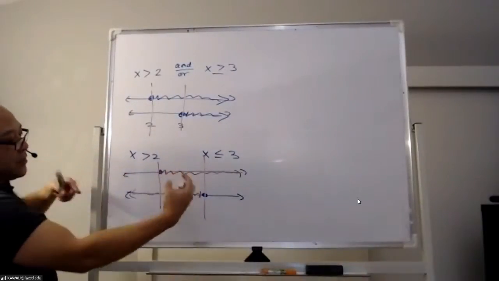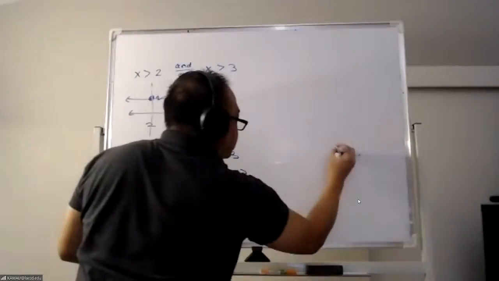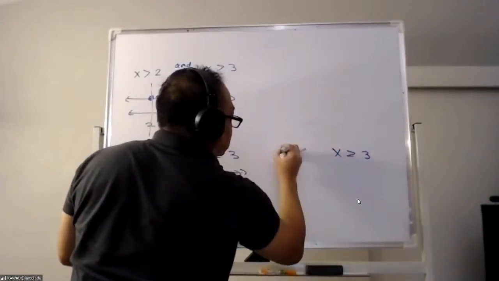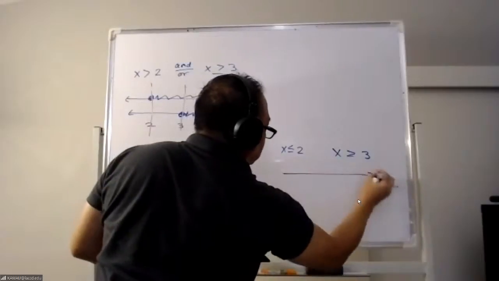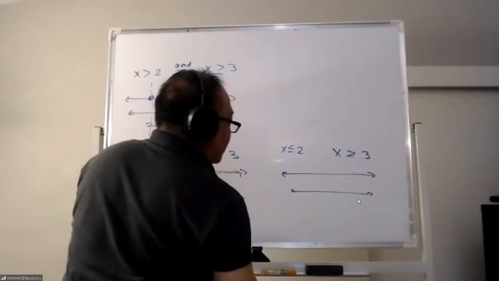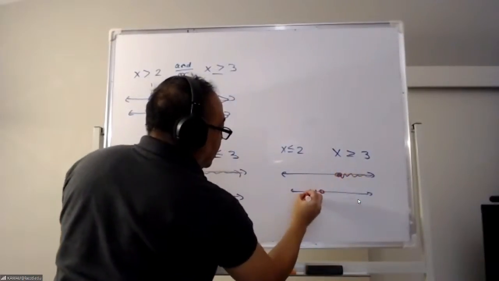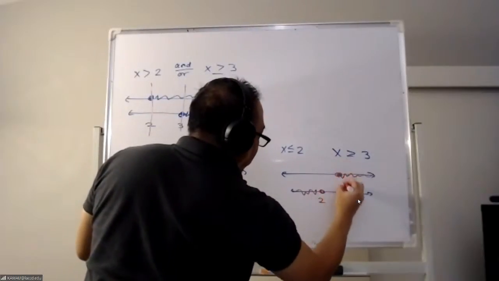Another one is that they cross each other. And then the third one is that one of them is going in one direction, the other one is going in the other direction, and then they don't cross over at all.